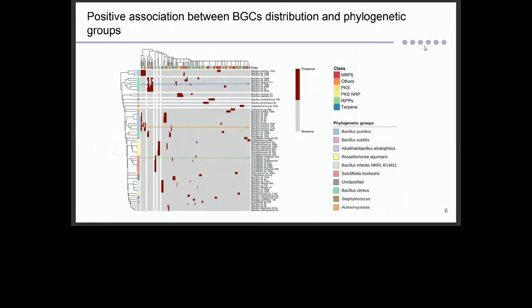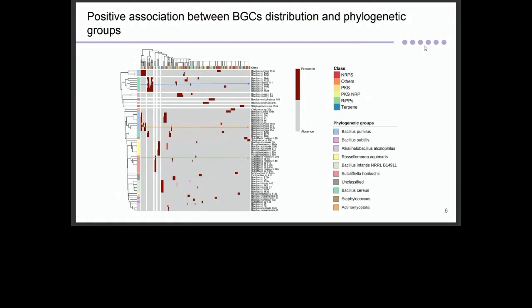Now this is a heat map of biosynthetic gene cluster predictions. And what we are seeing here are the secondary metabolites and some important bioactive compounds and many toxin-like or antibiotic-like genes. So it's also a presence or absence of these categories.